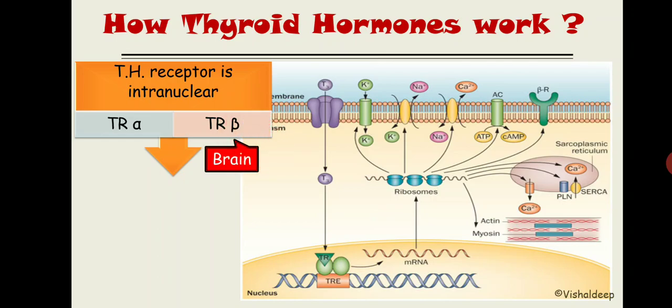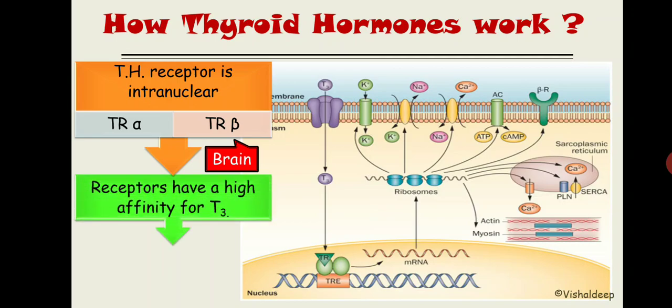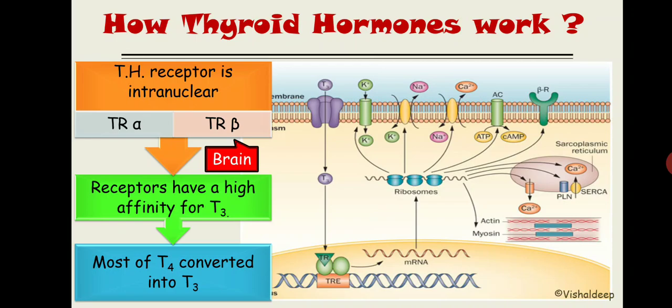Now the next thing, this TR, the thyroid hormone receptor, has a capacity to bind with T3 as well as T4, but the T3 binds more strongly. The T3 has more affinity to bind with the receptor and so most of the T4 will be converted into the T3 before its action.